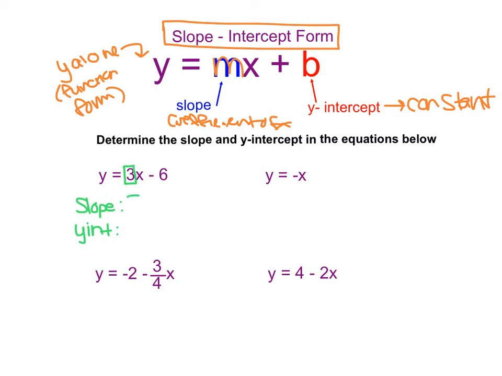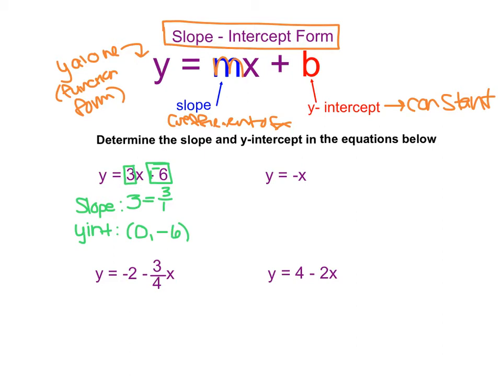So here my slope has a value of 3. And if you like to write it as a fraction, you can write it as 3/1. Either is fine. Then my y-intercept point is my constant. Now I'm going to use keep, change here so that I can make sure I see that my y-intercept point is this constant value of -6. So my y-intercept is occurring at x is 0, y is -6.